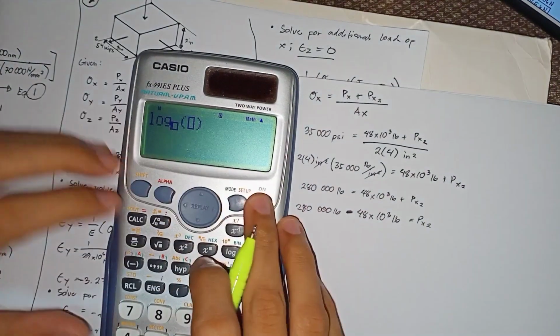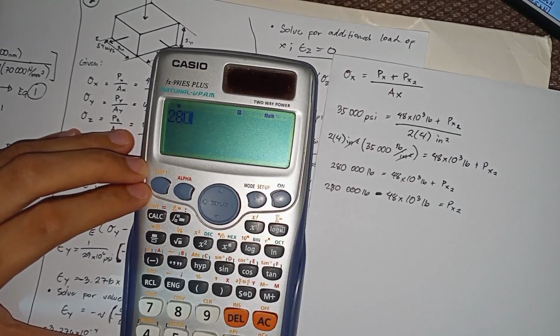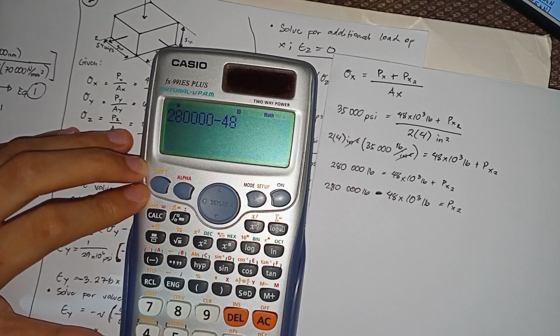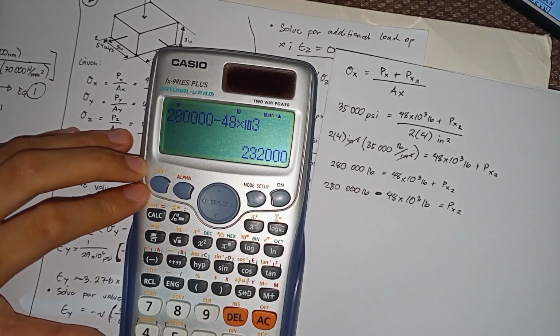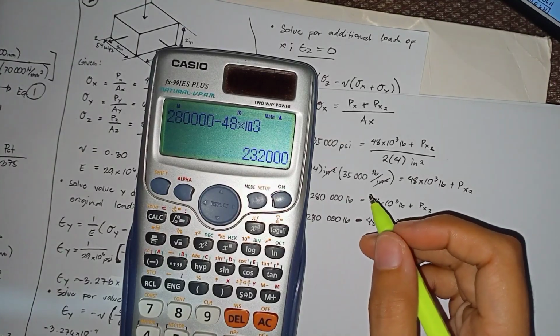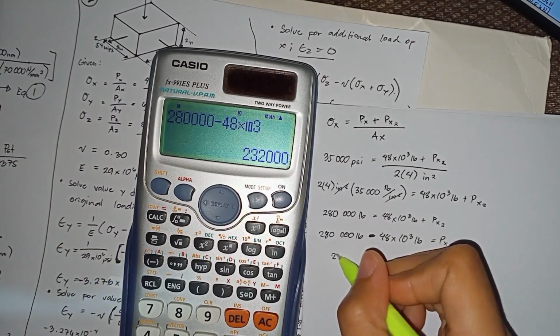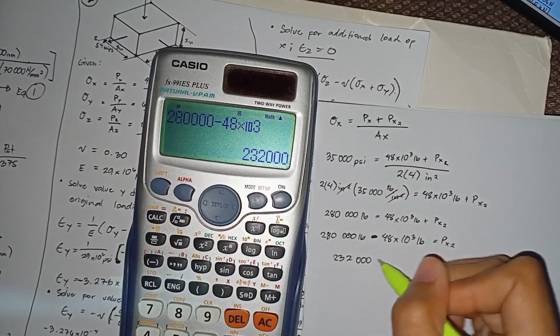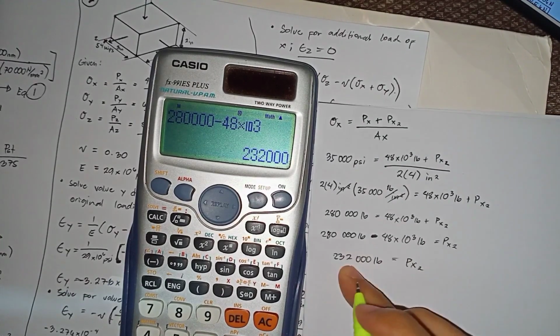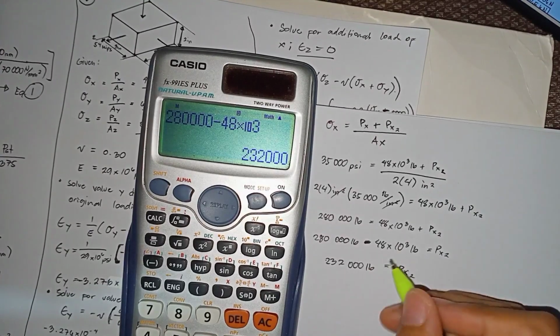So, kapag ginamitan natin yan ng calculator, makikita na natin yung sagot. 280,000 minus 48 times 10 raised to 3, and that is equal to 232,000 pounds. That is ang value ni P of x sub 2. So, ito siya yung additional na pounds.